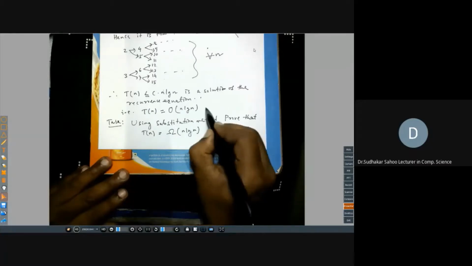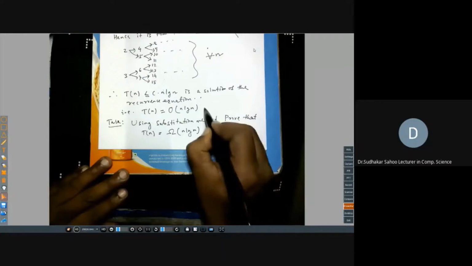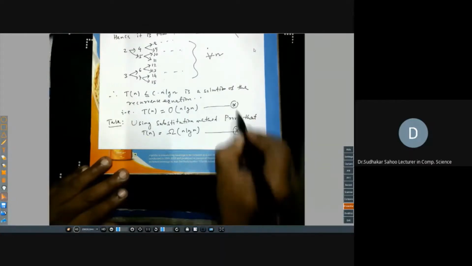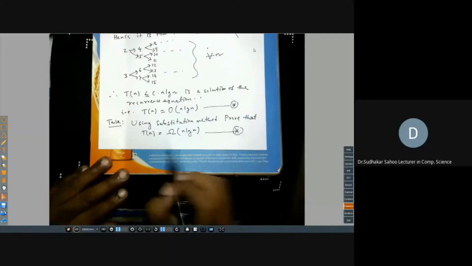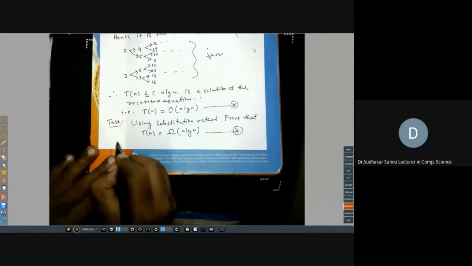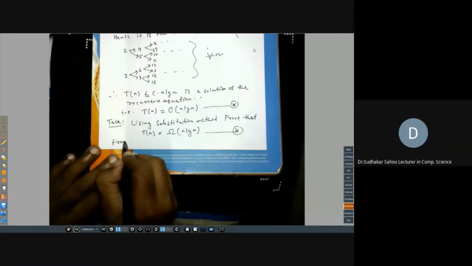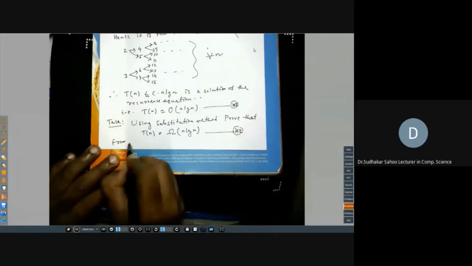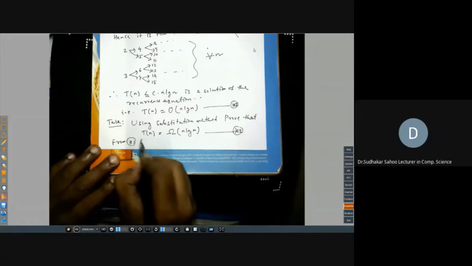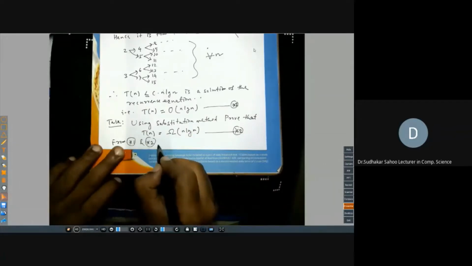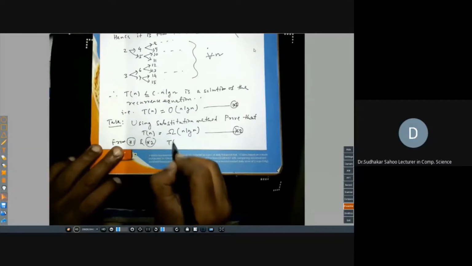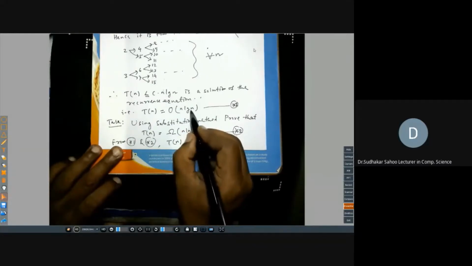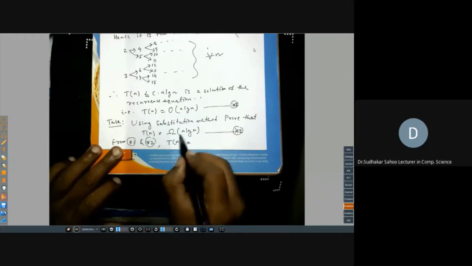Now finally combining these two, right? Suppose this is star 1, and from this, star 2, what will you get? Can anyone tell? We have proved Tn is big O, the upper bound, and this is also omega of n log n.